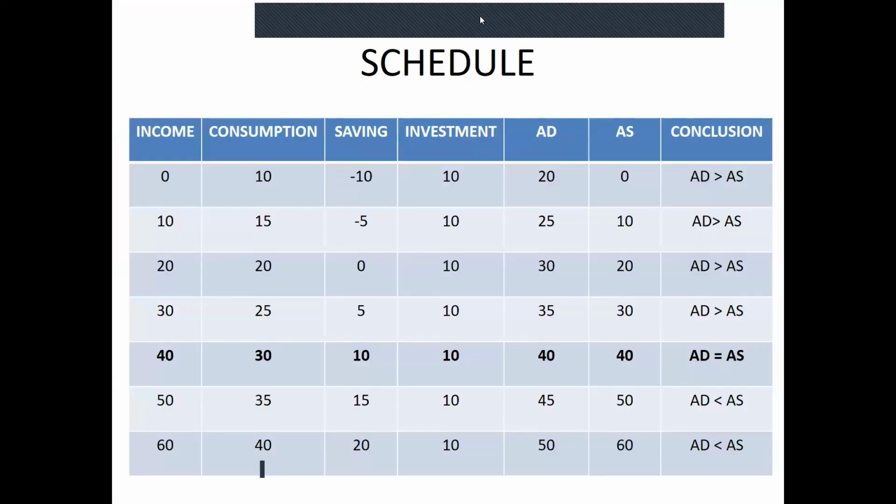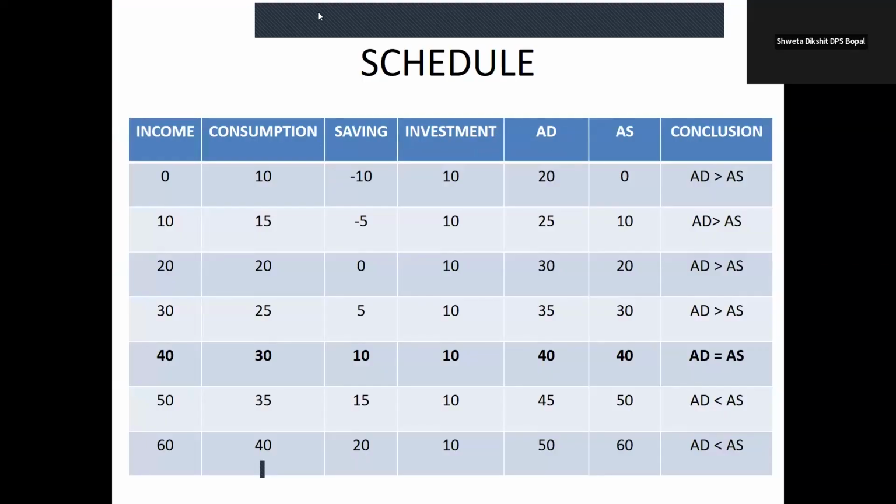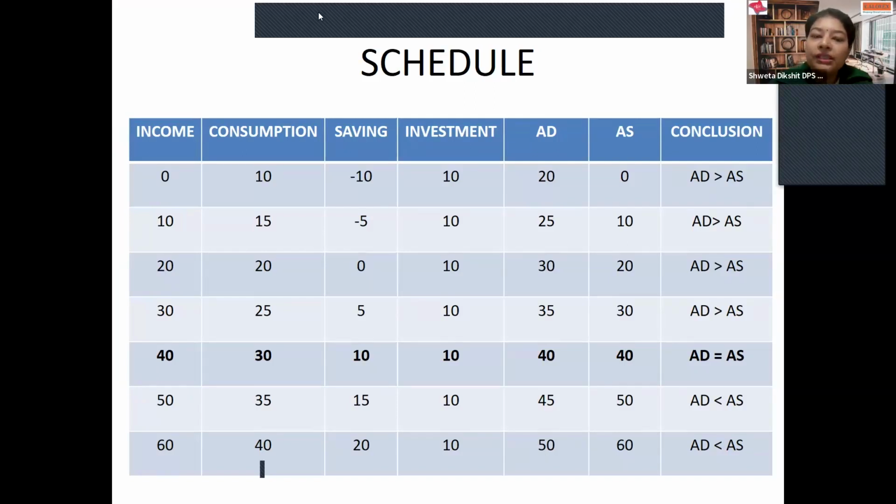How do we prove this? We can prove this with the help of this schedule. Whenever you are going to prove this AD and AS equilibrium, right after the opening statement, you need to make the schedule. I don't bind you to write the same numbers written on the screen. You can take your own numbers, but you need to write all these heads in the table: first of all income, then consumption, saving and investment.